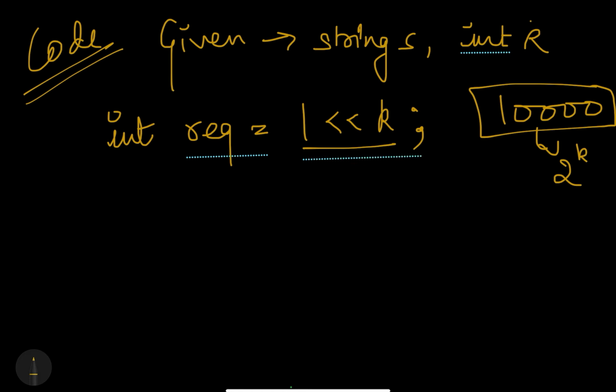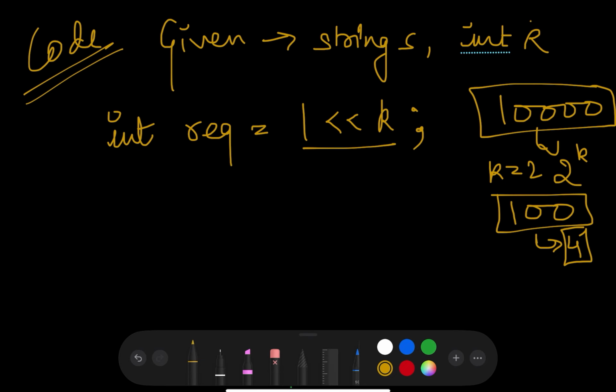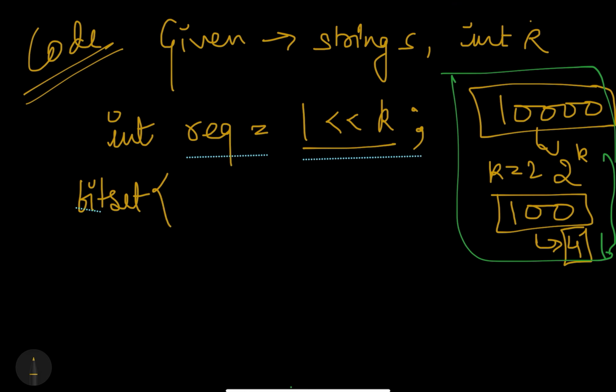Suppose k is equal to 2, then it will left shift 1 by 2, and this will give us 4. So this was the logic. Now what else will we take? We'll take a bitset of size 2 raised to power 20, which is 1048576, and we'll give it the name seen to check whether we have covered all the binary codes or not.